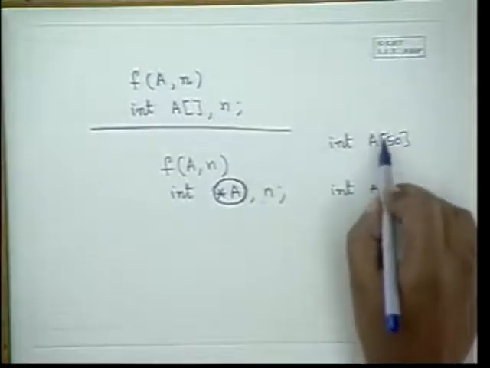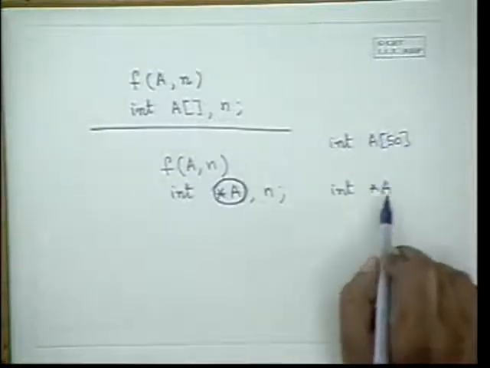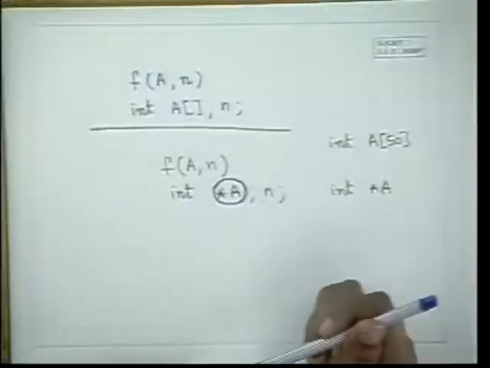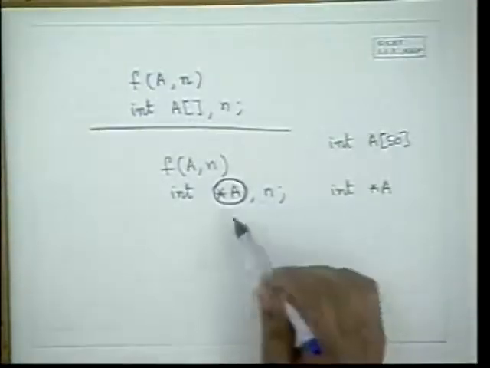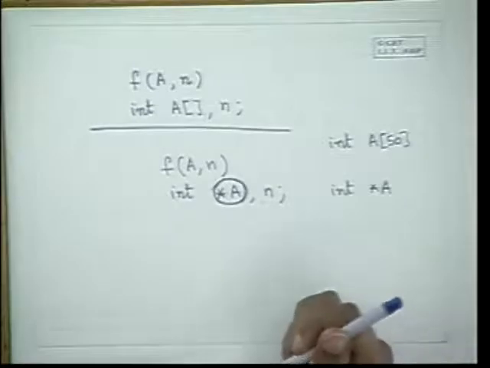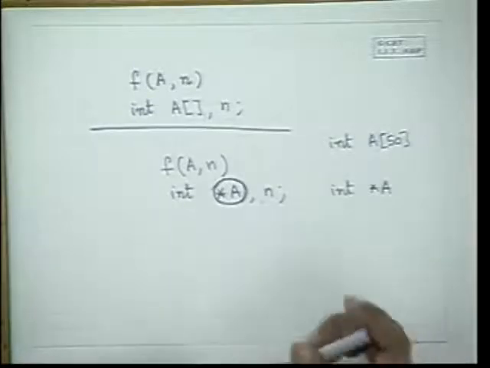In order to allocate another 50 elements during execution of the program, you have to do dynamic allocation, which we shall come to later on. For the time being, we are not bothered about dynamic allocation. We are just trying to see what arrays, pointers and contents of arrays mean. So we will go through a set of 5 examples which will show us how they can be used in a variety of ways.